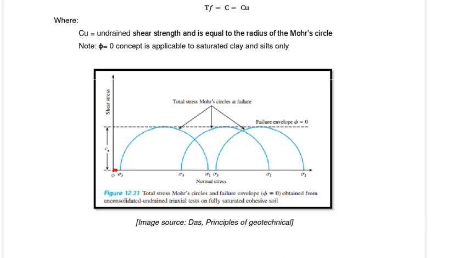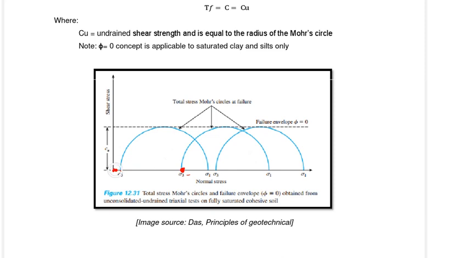So, as we apply the cell pressure to our specimen during the consolidation phase, our Mohr circle remains a point, at sigma 1 and sigma 3 that are both equal. So, this is our point. So, don't mind our drawings yet.